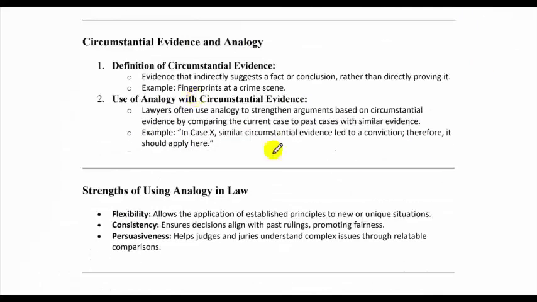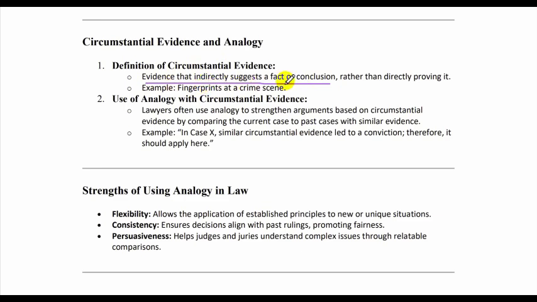Circumstantial evidence and analogy. Definition of circumstantial evidence. What is circumstantial evidence? Evidence that indirectly suggests a fact or conclusion. This is very important to remember. We have evidence. Evidence could be based on facts and conclusions, but circumstantial evidence is basically a fact or a conclusion which is not direct but indirect.